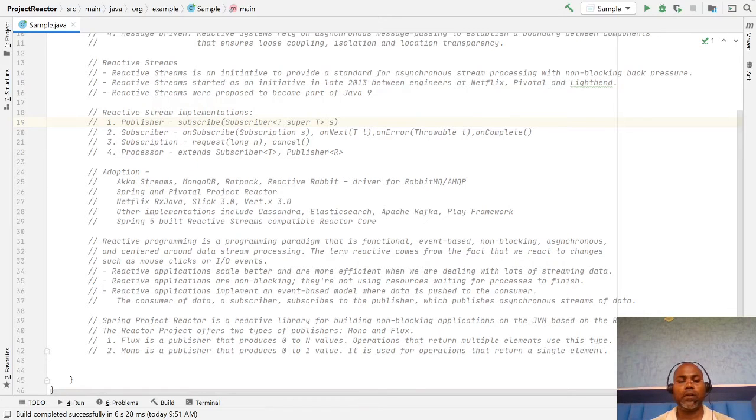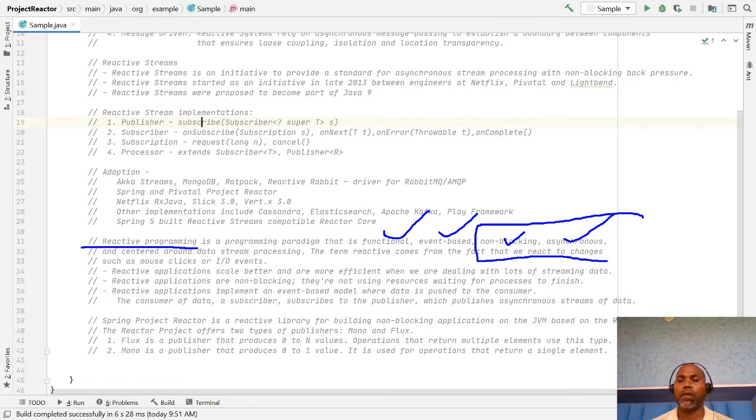Reactive programming is one kind of programming paradigm where whenever we write code, that code follows functional-oriented concepts: event-based, non-blocking, asynchronous programming. Non-blocking and asynchronous are the key parameters. To implement non-blocking and asynchronous behavior, we have to follow not the object-oriented concept but a functional approach.